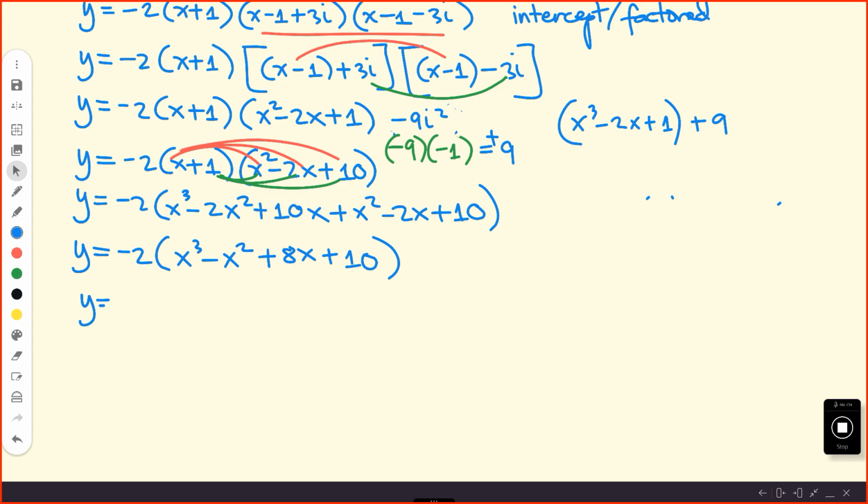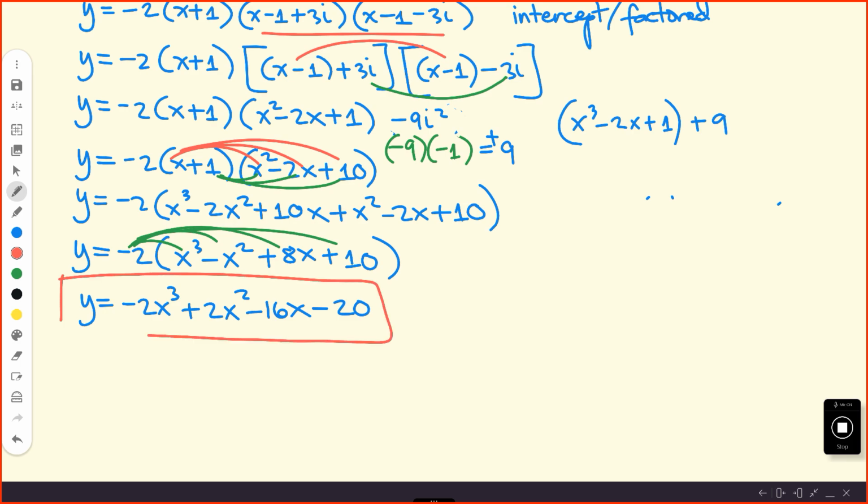So y equals -2x cubed, and then again, you multiply that here, so this is plus 2x squared minus 16x minus 20. This is your standard form. Any question?